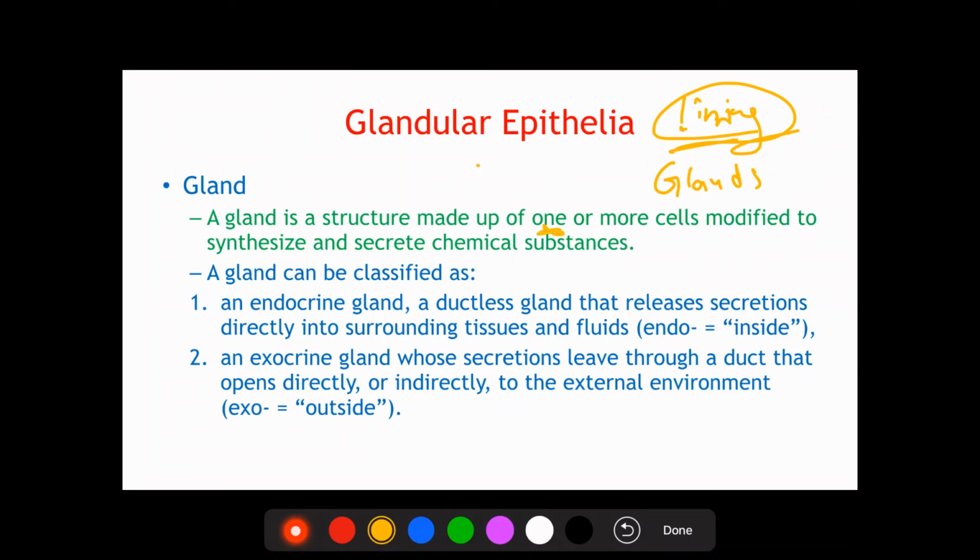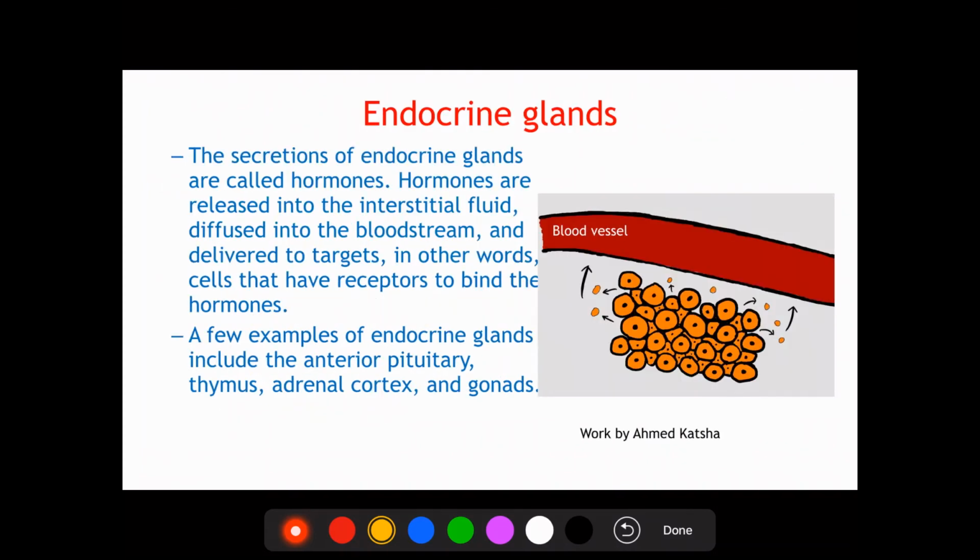So a gland can be a structure made of one cell or more cells, and these cells are modified to synthesize and secrete chemical substances. And glands can be classified in two ways, as endocrine gland or exocrine gland.